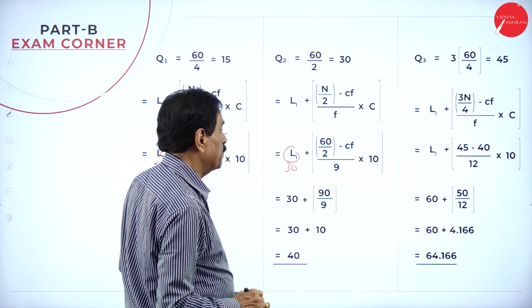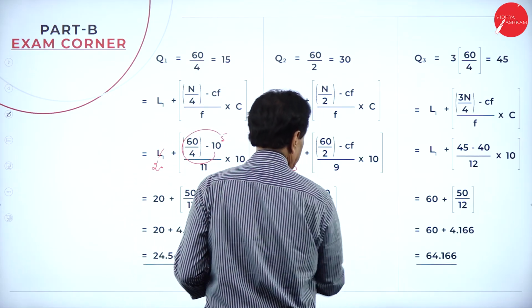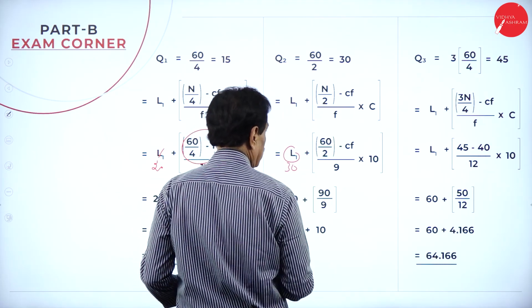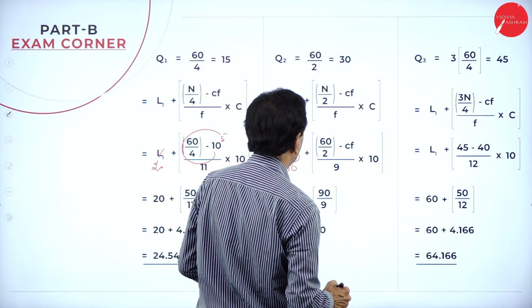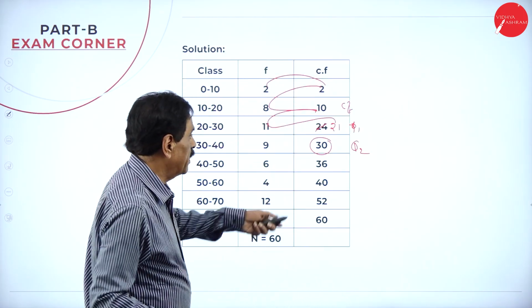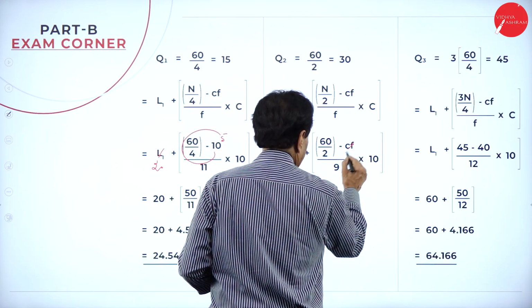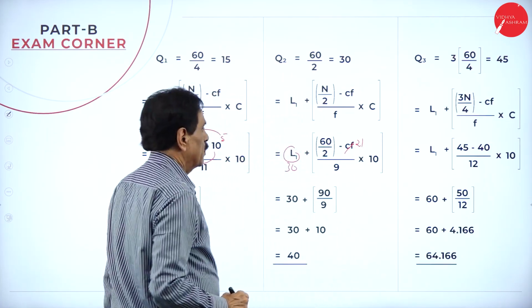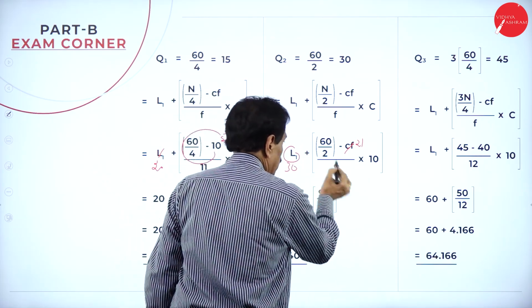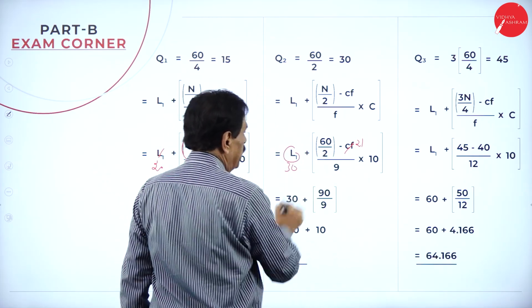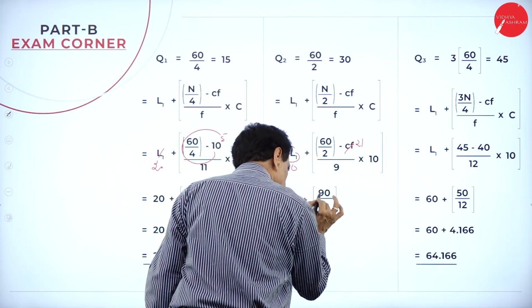Your CF is the number behind, 21. So 30 minus 21 is 9. 9 tens are 90, divided by 9 is 10.